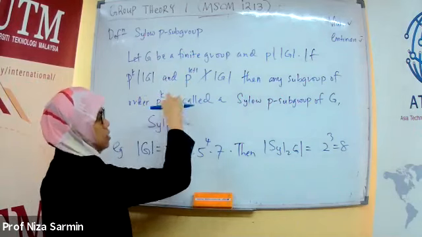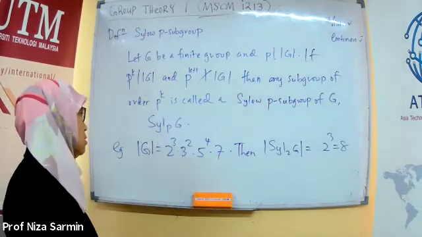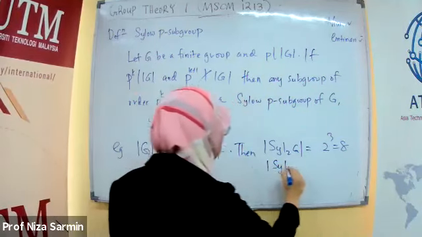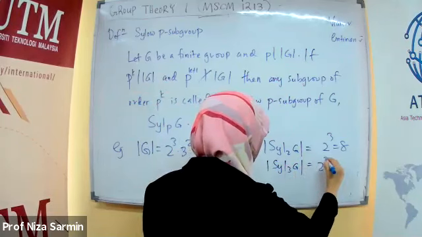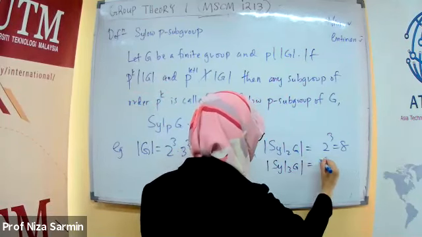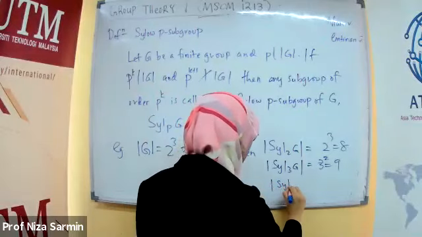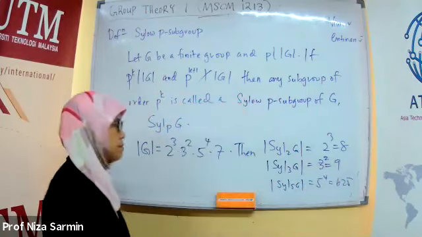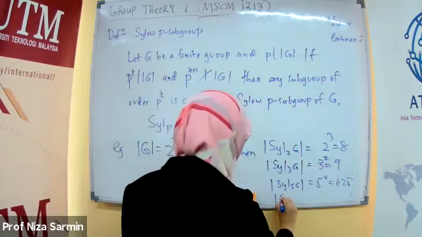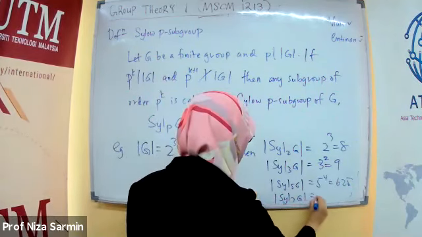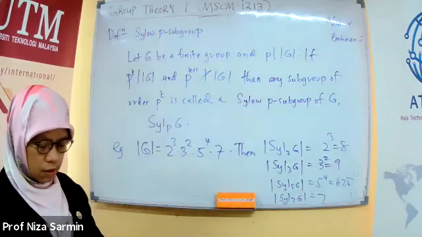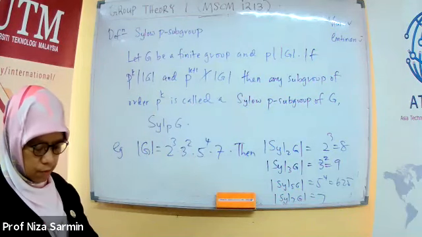If you add another one, it does not divide, because 2 to the 4 is too high. Sylow 3 is 9. Sylow 5 is 5 to the 4. And Sylow 7 is 7.